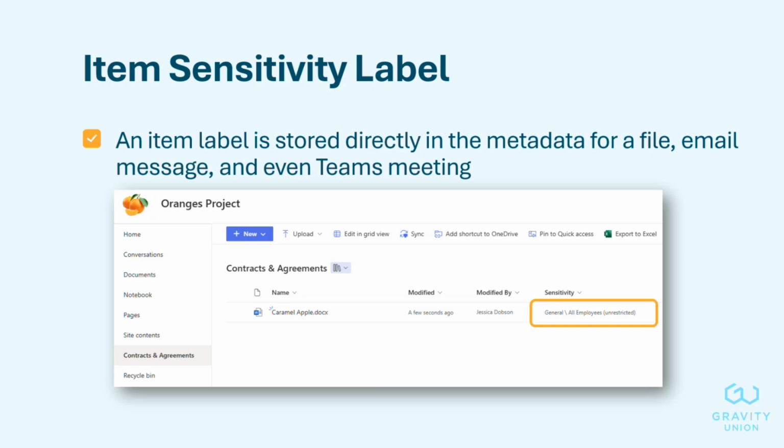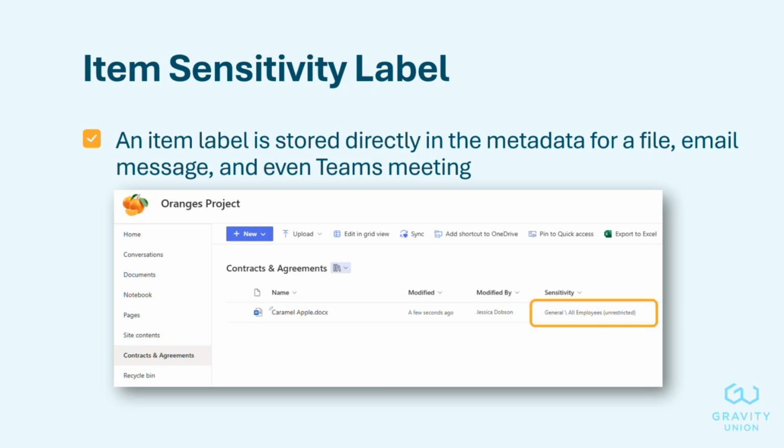As well, because the sensitivity label is stored in the metadata of a document, it is available for third-party apps and services to write to and read from the metadata itself.